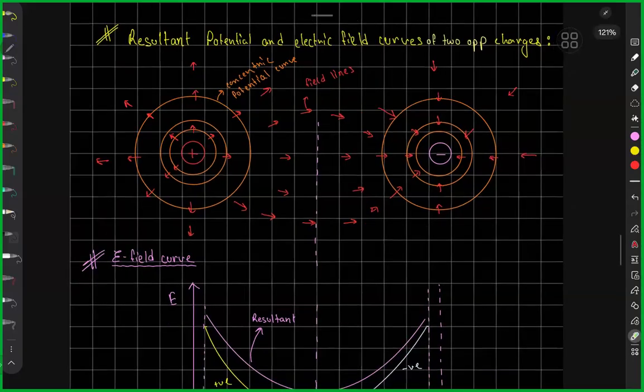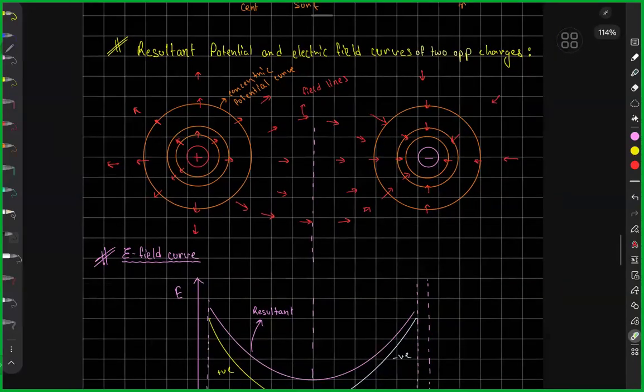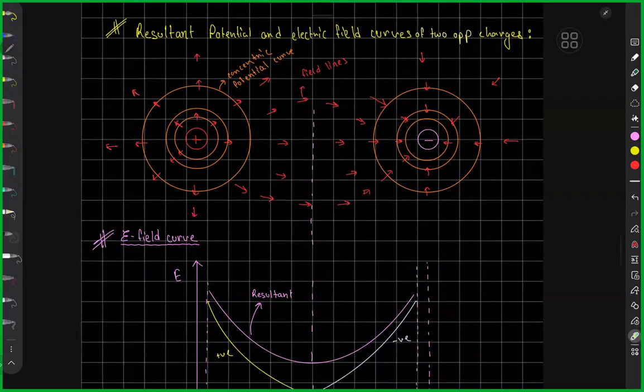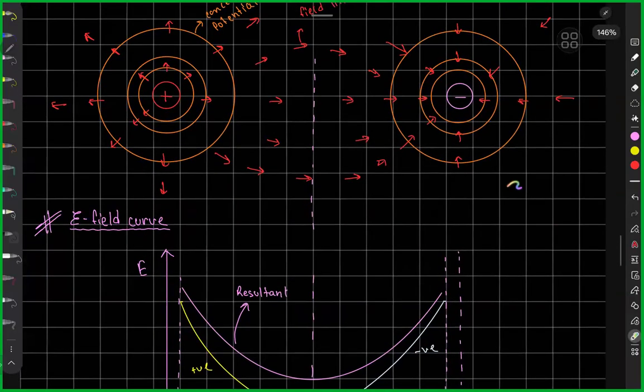Also take care to draw perpendicular to the surface. You're talking about the field lines. Yes, definitely. That's why I always said radial field lines. Whenever you're drawing the field lines, make sure they are perpendicular.